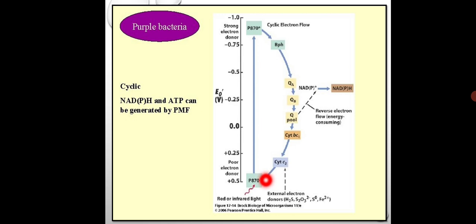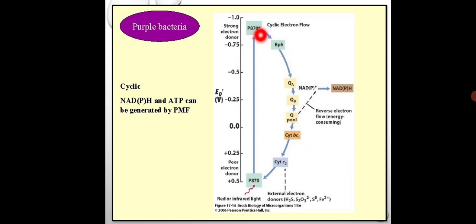So light is transferred to the reaction center along with the hydrogen sulfide as an electron donor. Okay, and then it gets excited. This ground state gets excited, and then electrons are transferred step by step to different components.